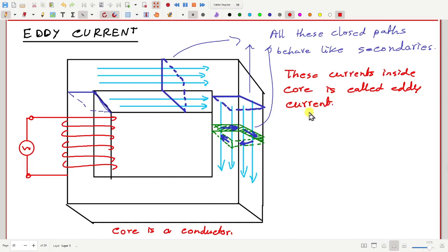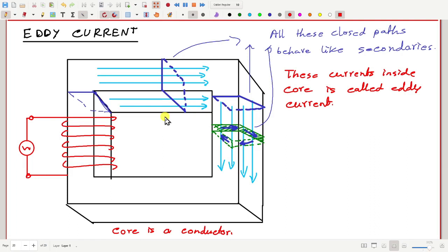And what is the effect of such current flowing in the core? What effects can you think of? Number one, current is flowing and the core has some resistance, so there will be some I square R loss, Joule heating. Where does that heat energy come from?